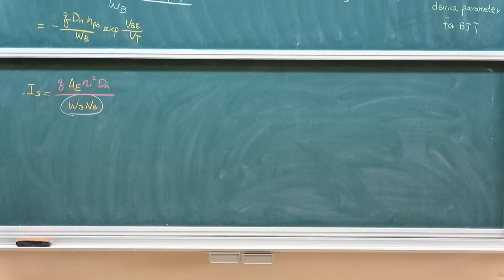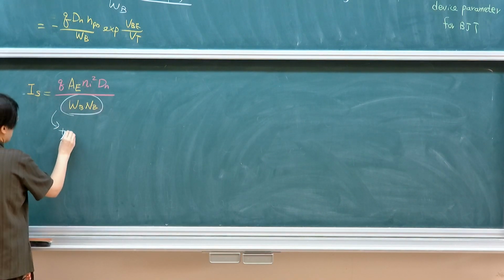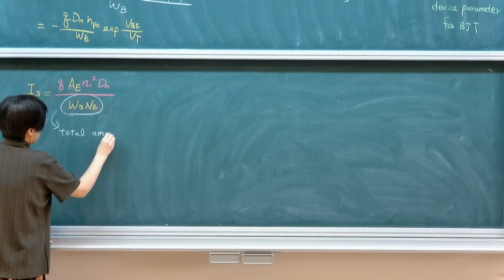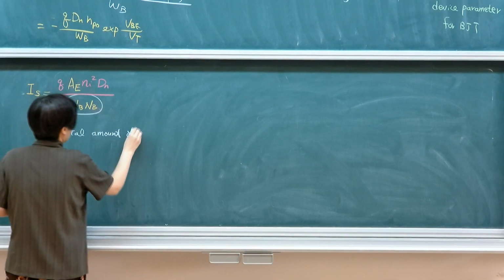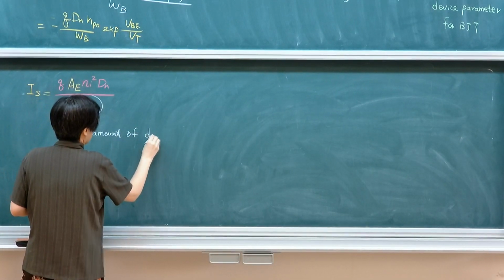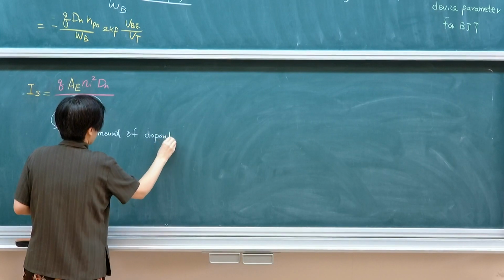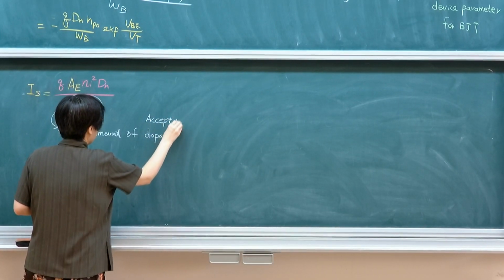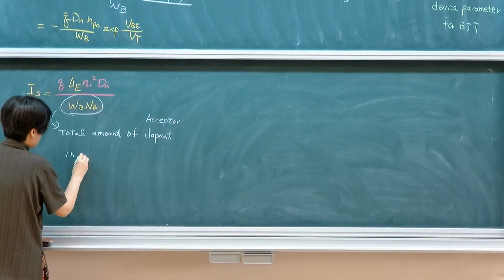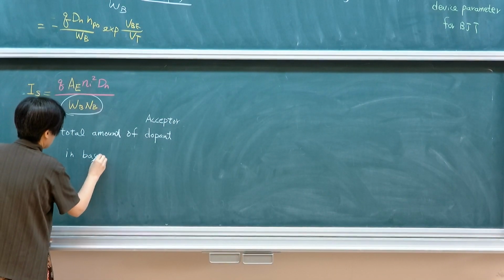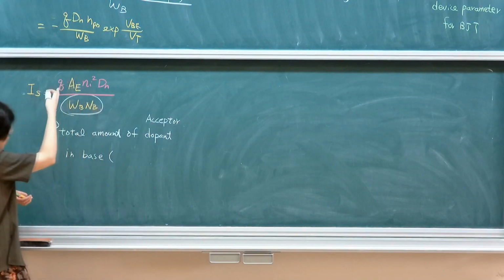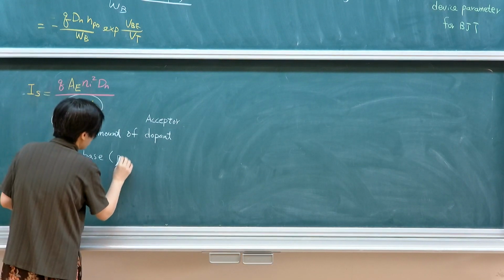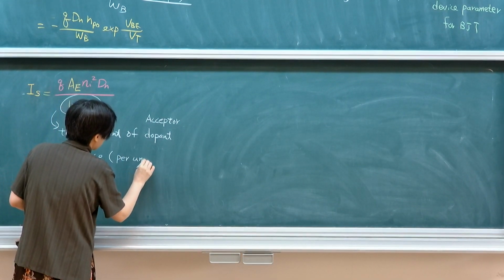So that will be the total amount of dopant. I should say acceptor dopants because these are NPN, in the base. Of course, this is per unit area, per cross-sectional area.